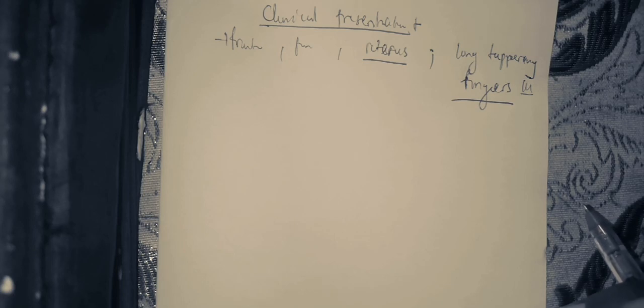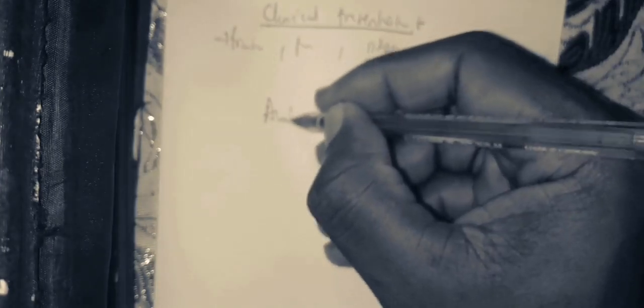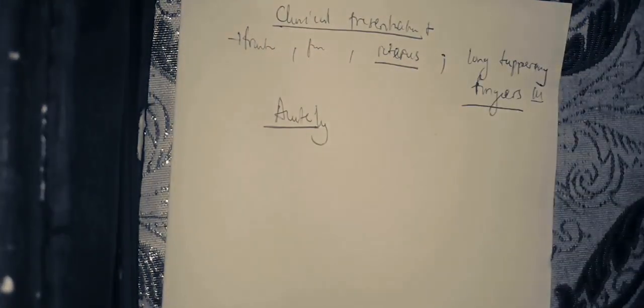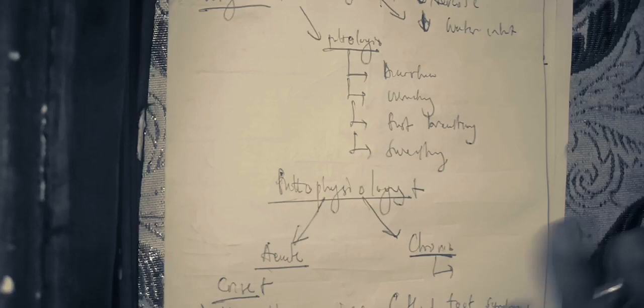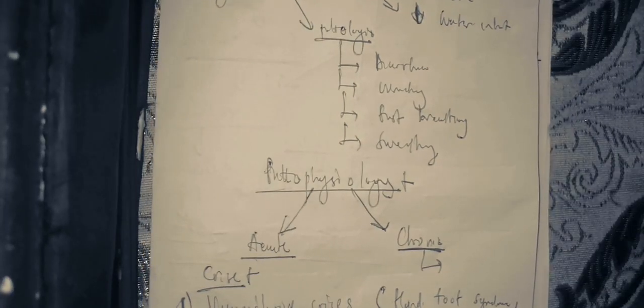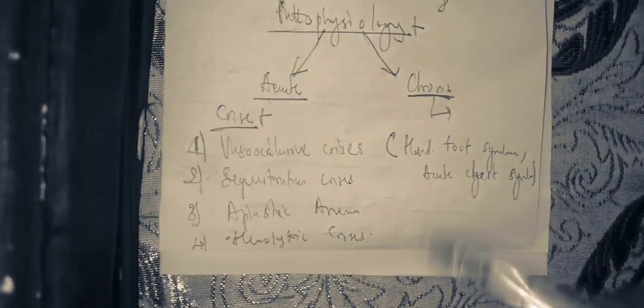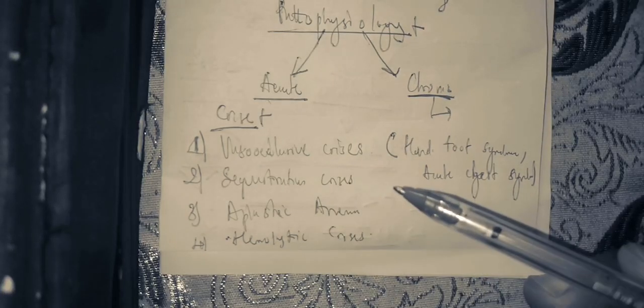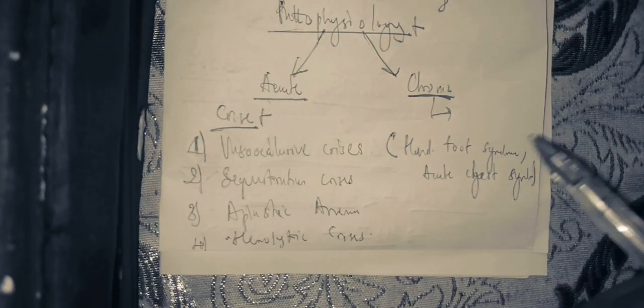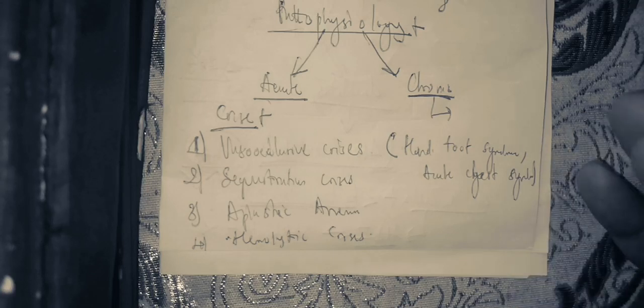Generally, patients that have sickle cell are going to present particularly with crisis. So they can present acutely with crisis. You can have acute crisis like vaso-occlusive crisis, when there is pain at the level of the joints, at the level of the distal part of the body.